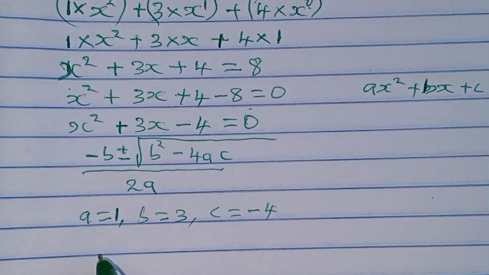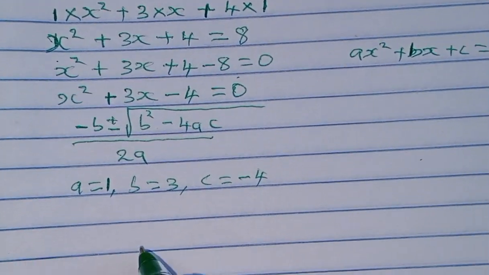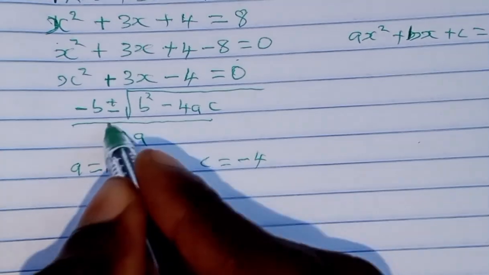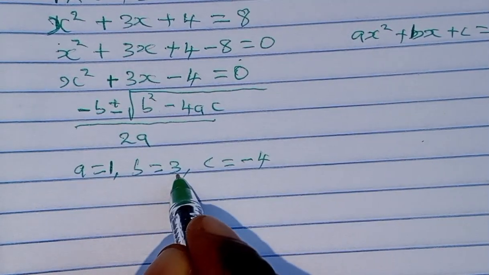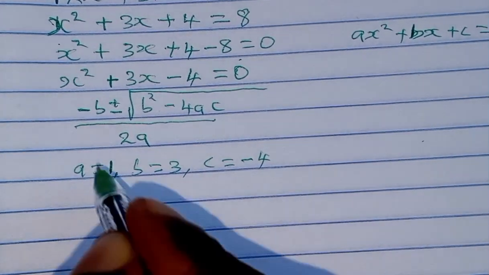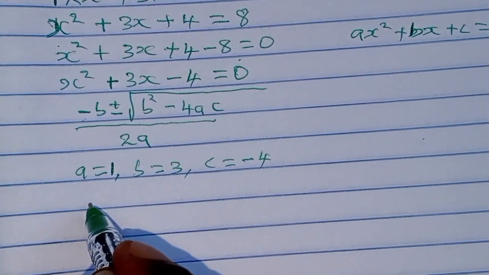So let's get back to our work. Let's substitute in our values now. Anywhere we see a in the equation, we are going to put 1. Anywhere we see b, we are going to put 3. Anywhere we see c, we are going to put minus 4. There is a minus here before, so we will obey that minus.